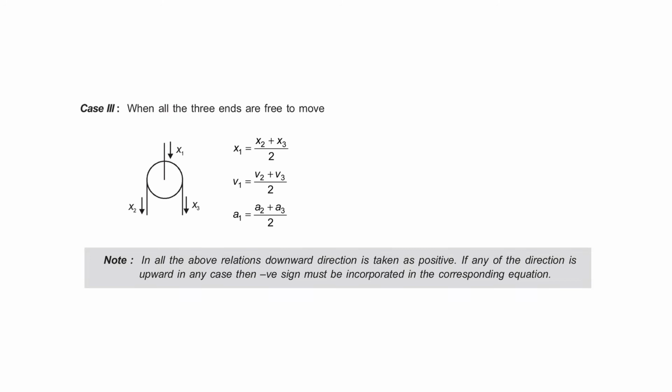For case 3, when all the three ends are free to move, please refer to the image on the screen for case 3. x1 is equal to (x2 plus x3) divided by 2, v1 is equal to (v2 plus v3) divided by 2 and a1 is equal to (a2 plus a3) divided by 2.